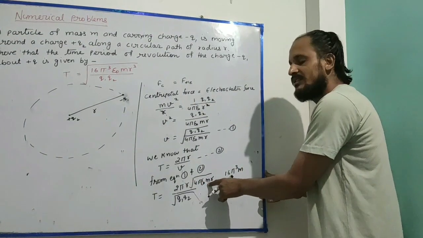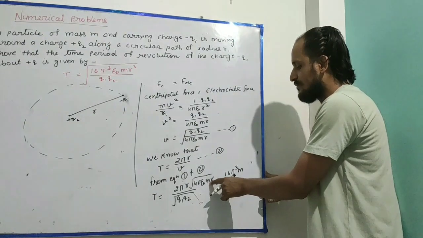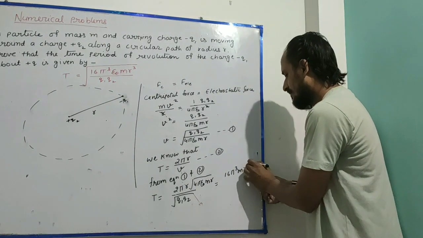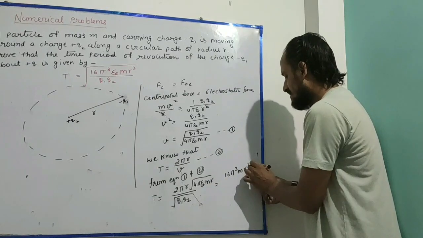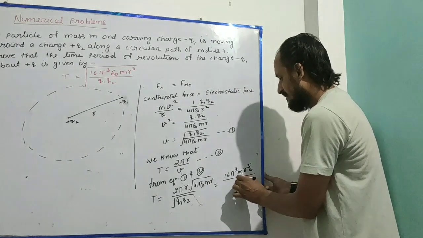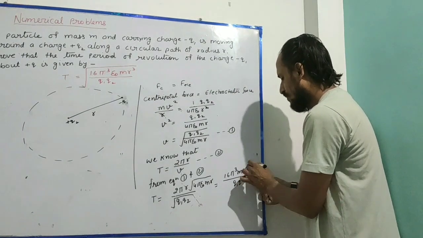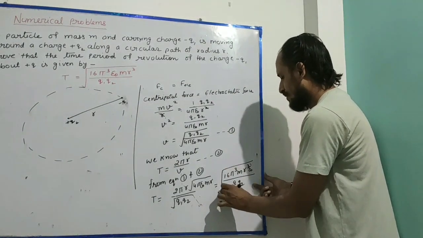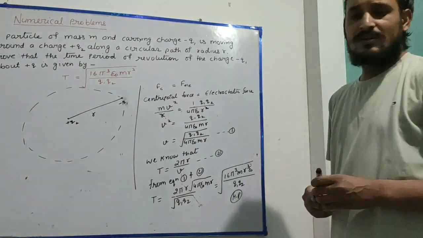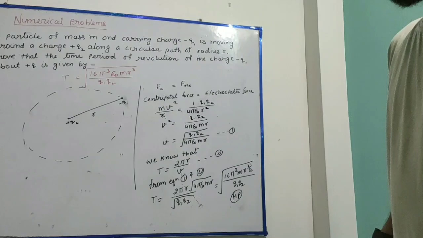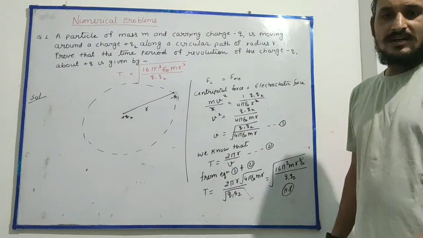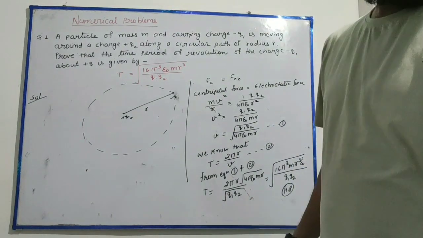If we transfer within the square root, r square and r, it becomes r cube, and epsilon naught is already within the square root, divided by q1 q2 under the root. Hence proved. This is what about the first question. Are we getting? Now we will discuss second question.